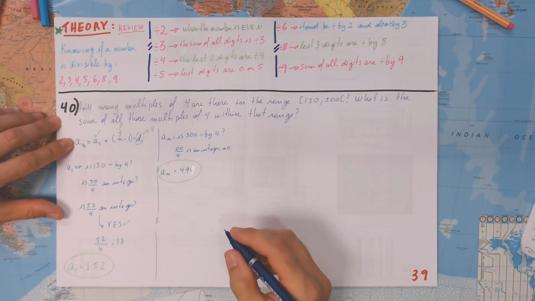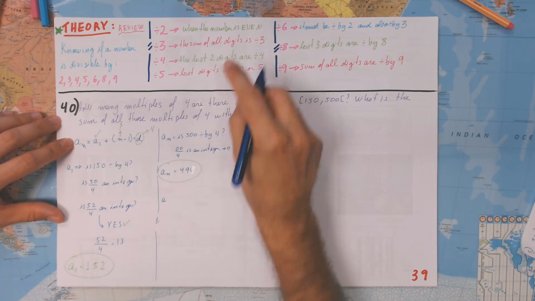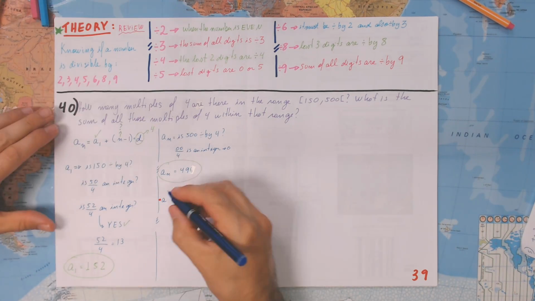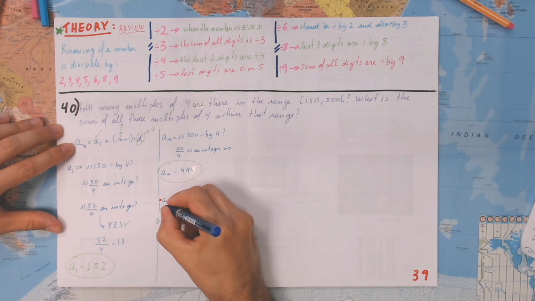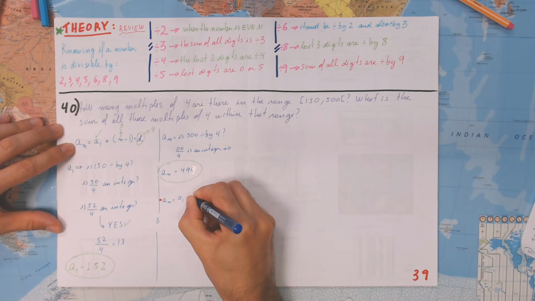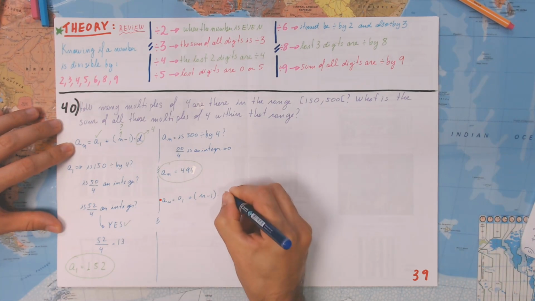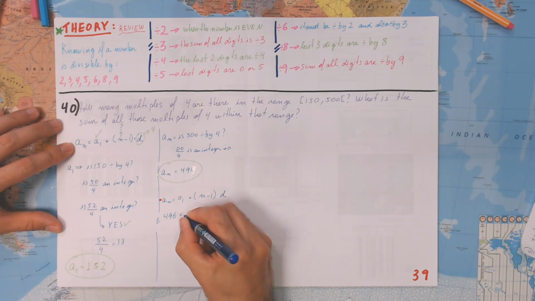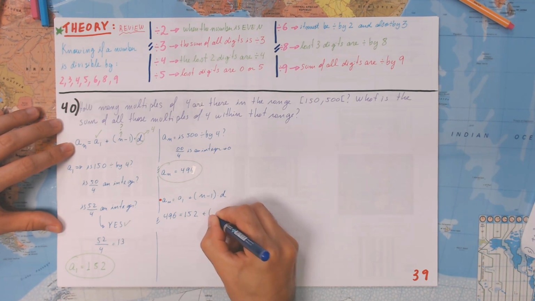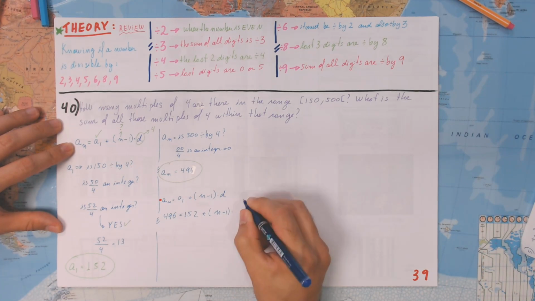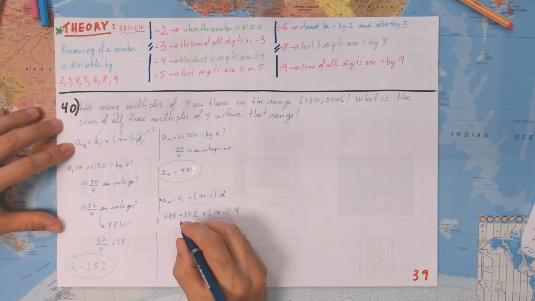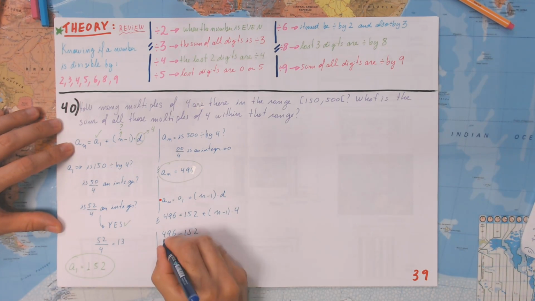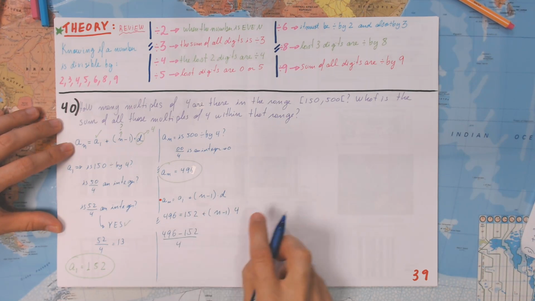Okay, let's find out the first question. For the first question, an is going to be a1 plus n minus 1 times d. Let's substitute: 496 equals 152 plus n minus 1 times 4. So this is going to be 496 minus 152, divided by 4, plus 1.